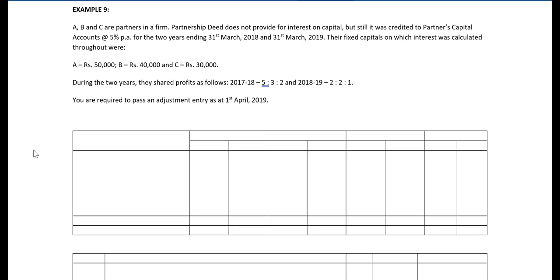2017-2018. Working note. Table showing adjustment to be made.